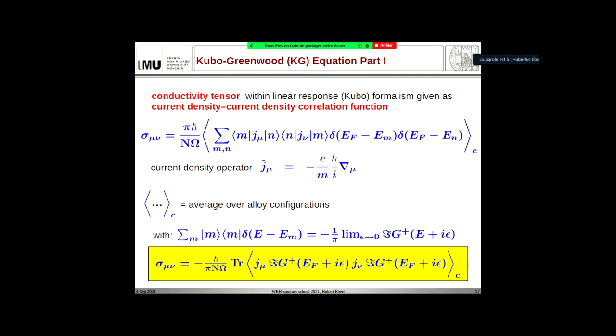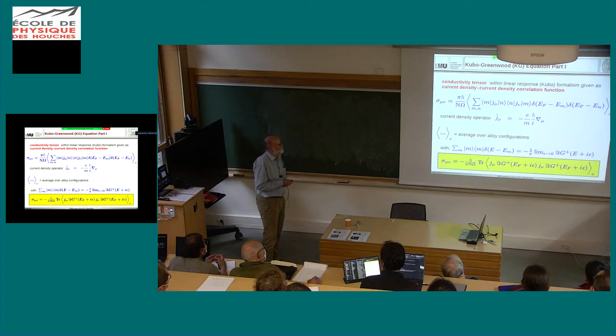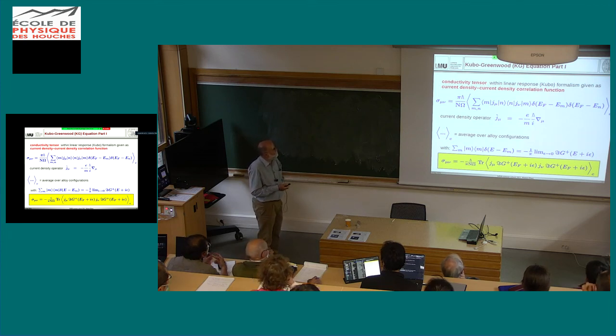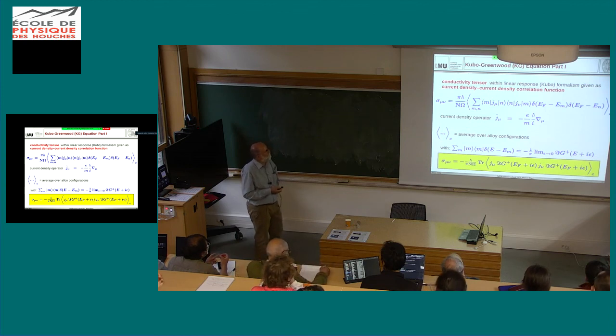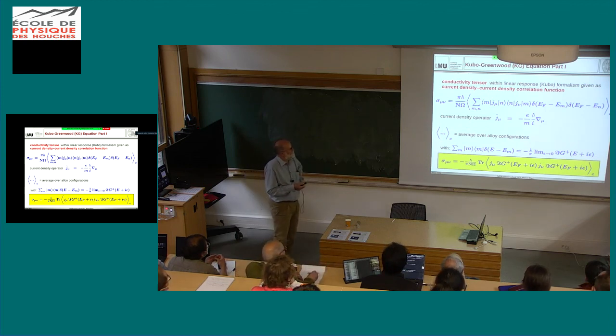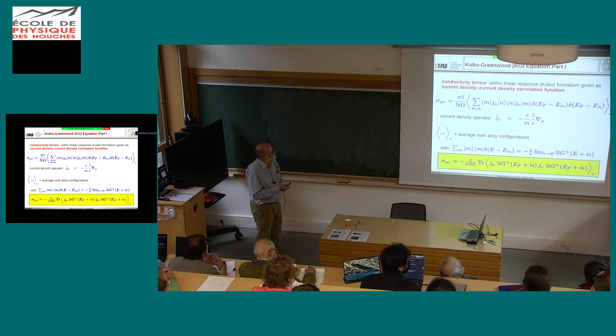Of course, Boltzmann used in that sense is surely not perfect for the description, and you can do a better job. And again, this was Butler who worked out the corresponding theory. So he formulated the Kubo-Greenwood equation in terms of the KKR-CPA. So this is the conductivity that you get in terms of a current density correlation function.